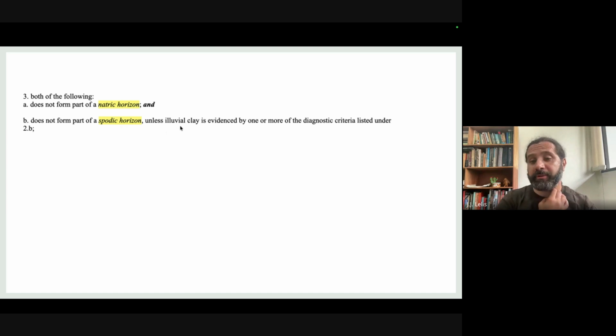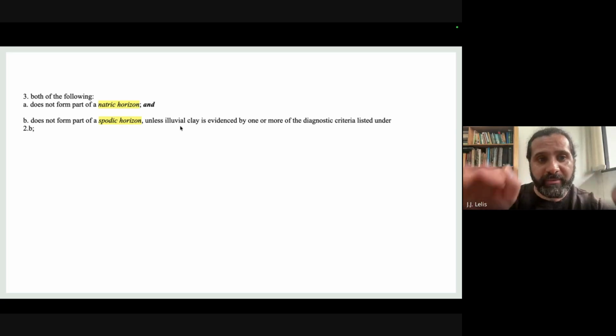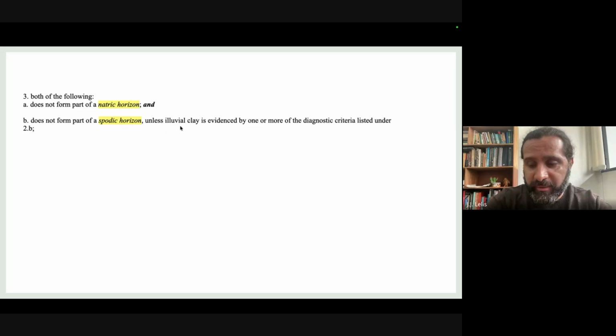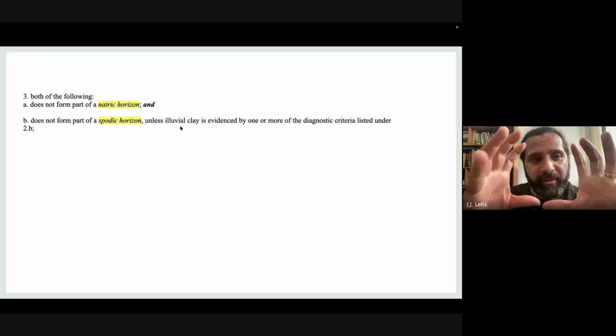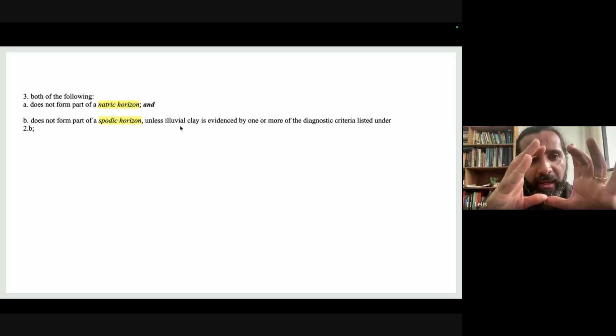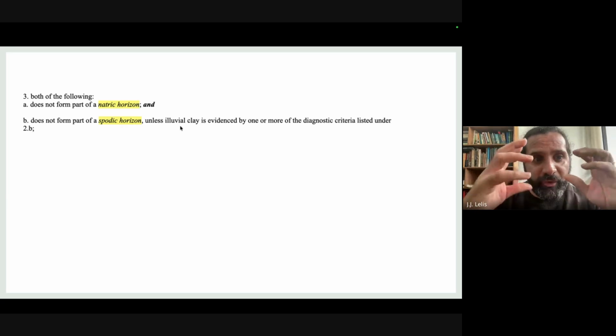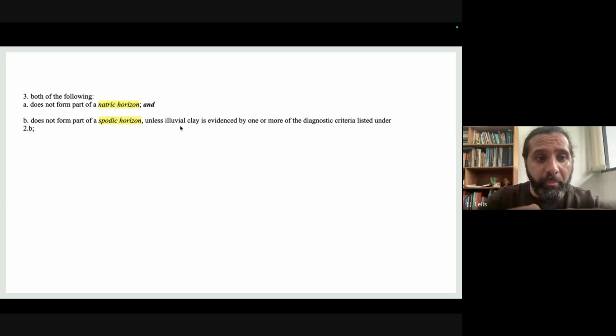This is quite important because some people do not realize that sometimes you have more than one diagnostic horizon in the same depth. This is not a problem, guys, for Soil Taxonomy and also for WRB, but especially for WRB, because sometimes you can find horizons that fit the criteria for more than one diagnostic horizon.